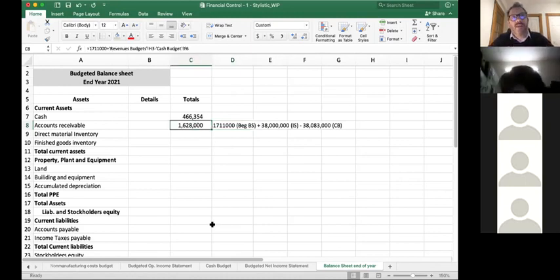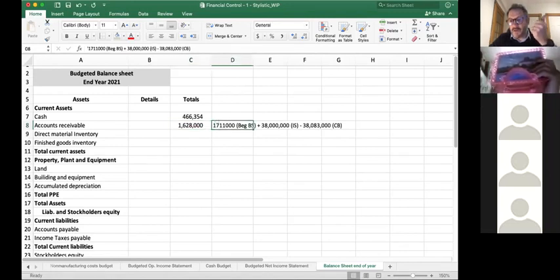We can see the ending amount for the accounts receivable, so the amount we still have to receive from the customers at the end of the period, which is budgeted, so we should have 2021 at the end of the period. So it's the amount that the customers owe us at the beginning, plus all the new billing of the year, so all the new sales of the year, minus what the clients pay during the year, right? So this is what we have left.